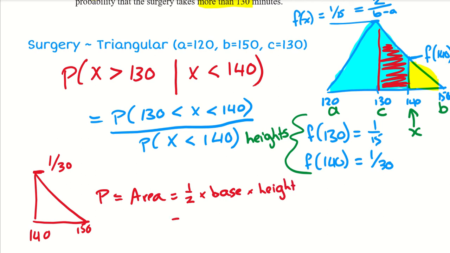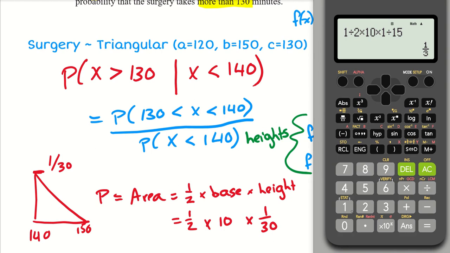And in this case, our base from 140 to 150, that's a base of 10, and our height is 1 over 30. So let's go 1 over 2 times 10 times 1 over 30. And I'm just going to leave that as a fraction, 1 over 6.